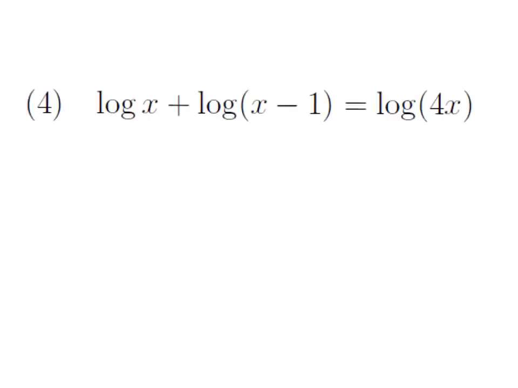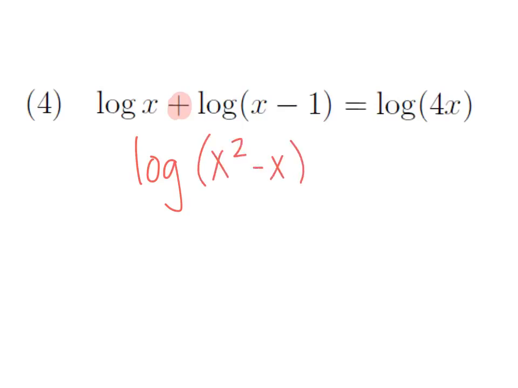All right, problem 4. Is this one where we have all logs or logs and constants? All logs. So that means I need a log on one side, a log on the other side. On this left side, if I need to combine these into one log, what do I do because it says plus? Multiply. So it'd be the log of x squared minus x.